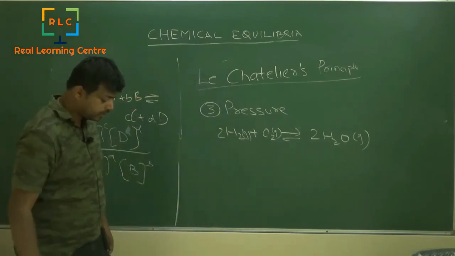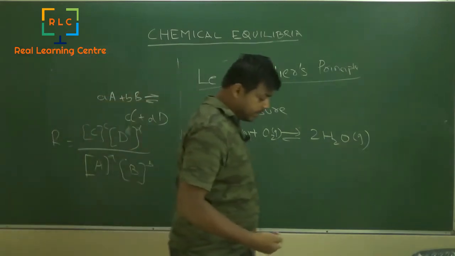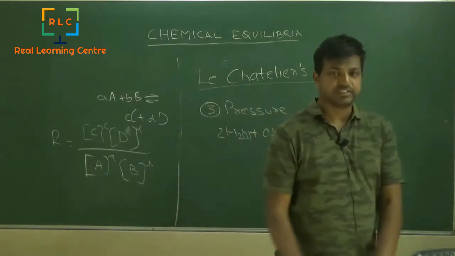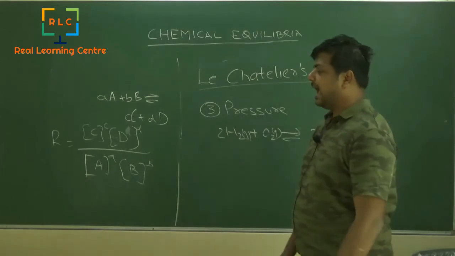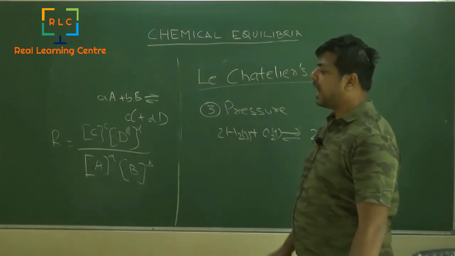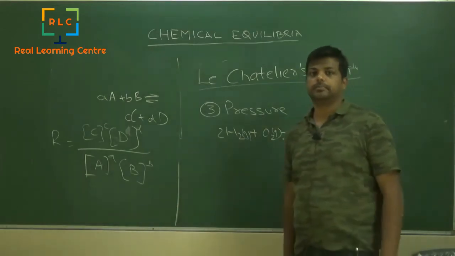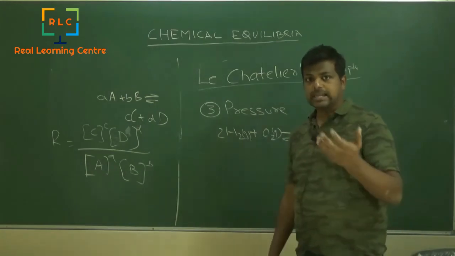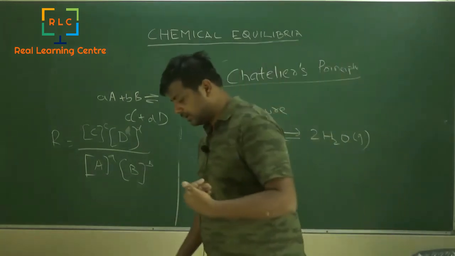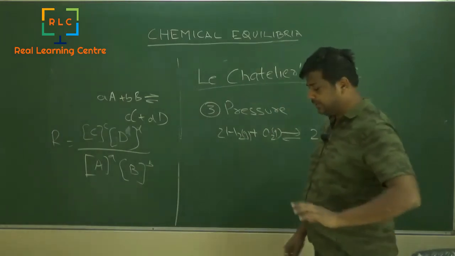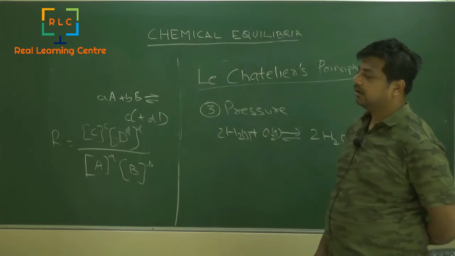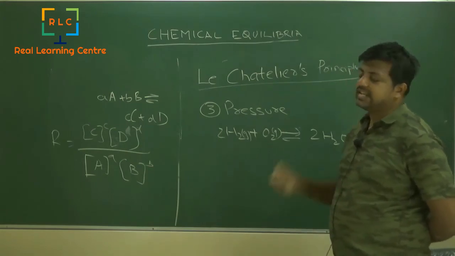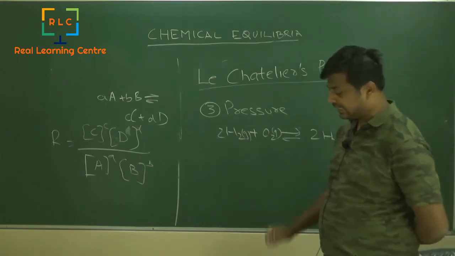Now in the closed system, let's say equilibrium is reached. And I increase the pressure of the system. That means the system has to negate that effect. How does it negate that effect?